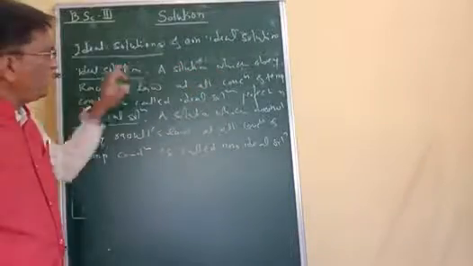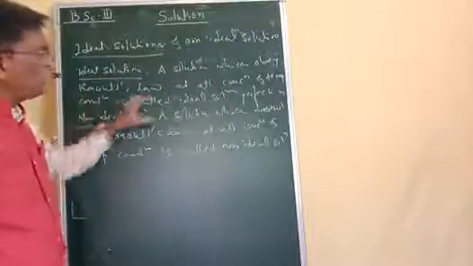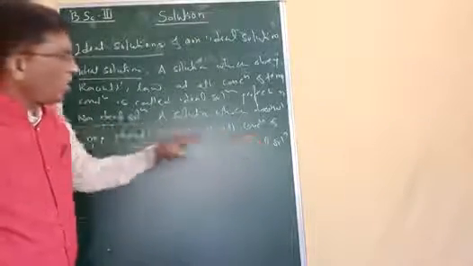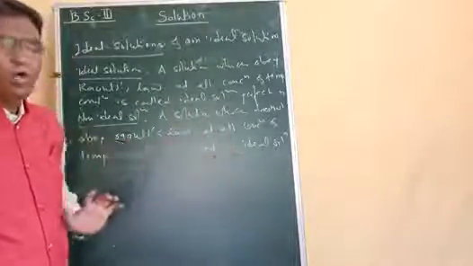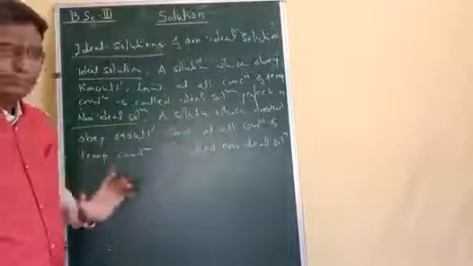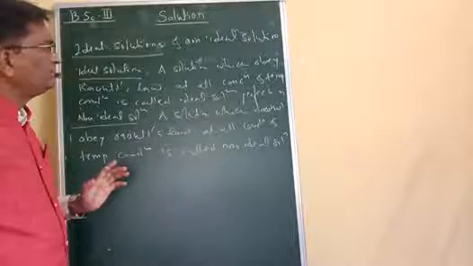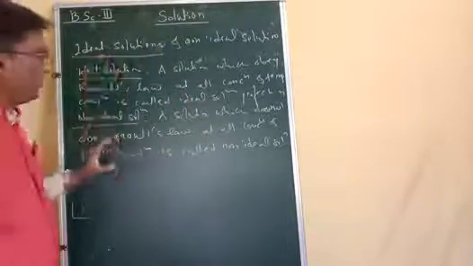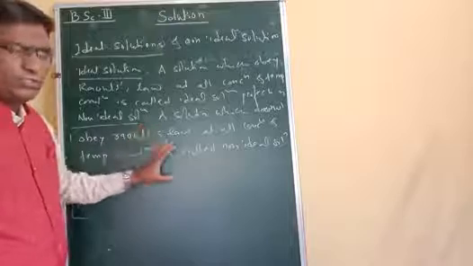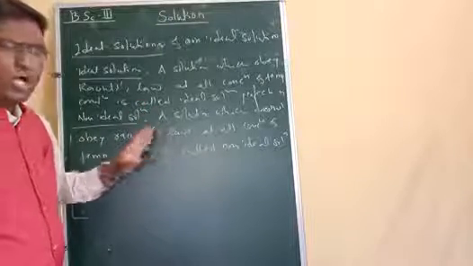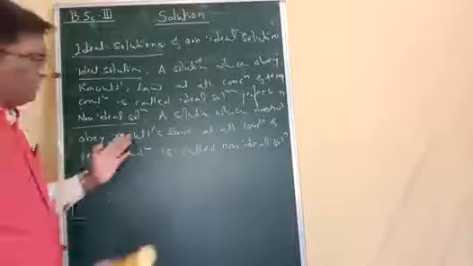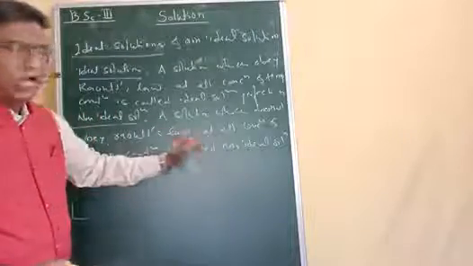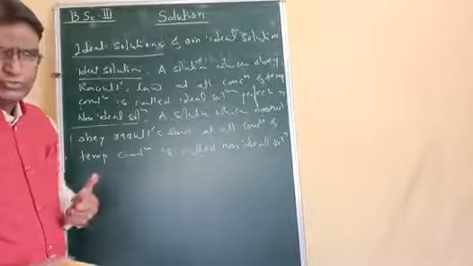A solution which obeys Raoult's law at all concentration and temperature is called an ideal solution, and a solution which does not obey Raoult's law at all concentration and temperature conditions is called a non-ideal solution. That means an ideal solution obeys Raoult's law at all conditions, whereas a non-ideal solution does not obey Raoult's law at all conditions. At some conditions it may be obeyed, but under the entire range of conditions this law cannot be obeyed by these solutions.